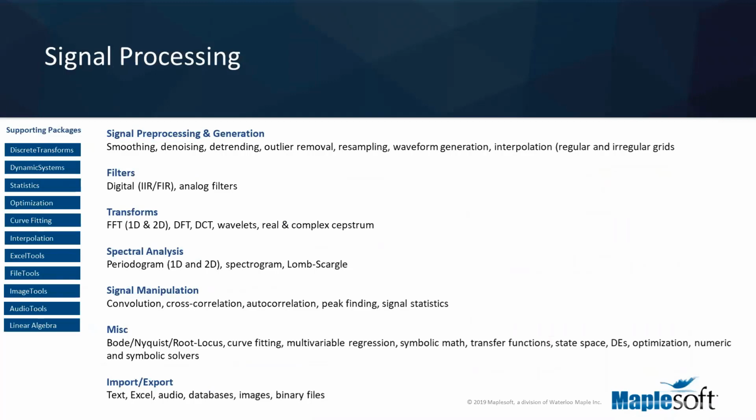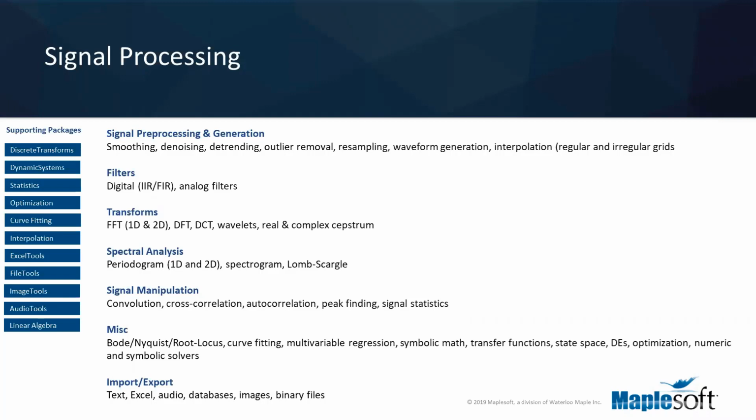So what can Maple do for signal processing? Well, as I said, there's lots there. They're in the signal processing package, and there are supporting tools in other packages as well. There are features for signal pre-processing and generation, so smoothing, denoising, outlier removal, resampling, interpolation on both regular and irregular grids.